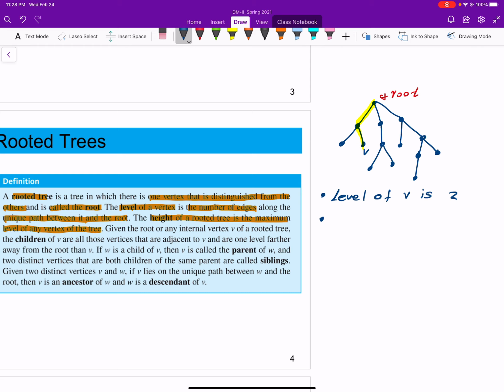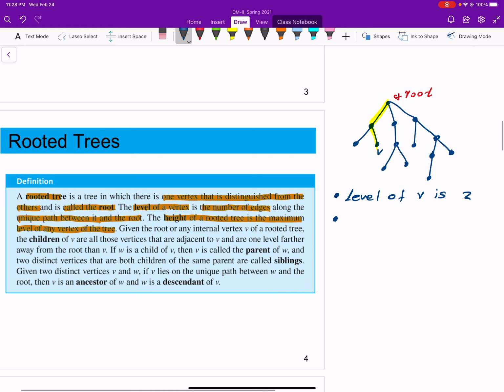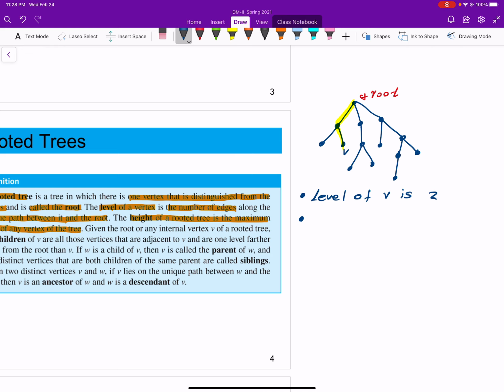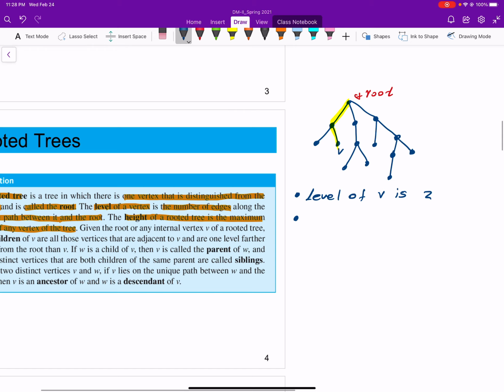All right, in the next case, the height of this tree is the largest level, the longest level for any vertex. Let's say this is V1, and the level of V1 is 2, and then let's say this is V2, and then the path should look like this. Okay, the path should look like that.